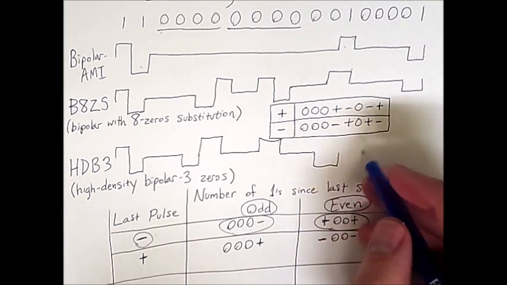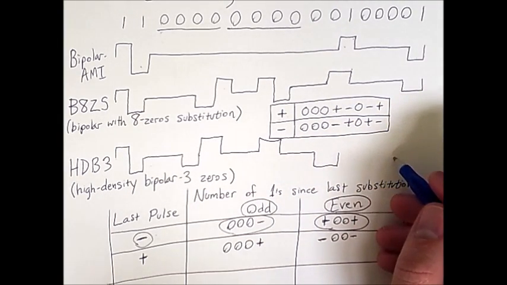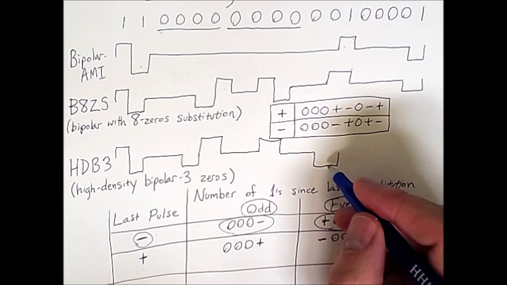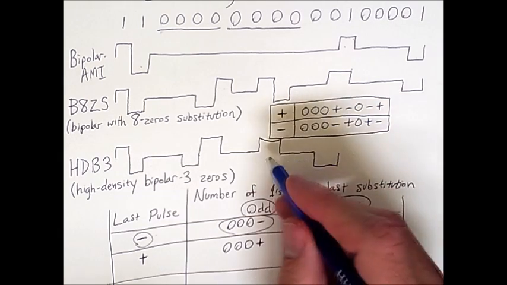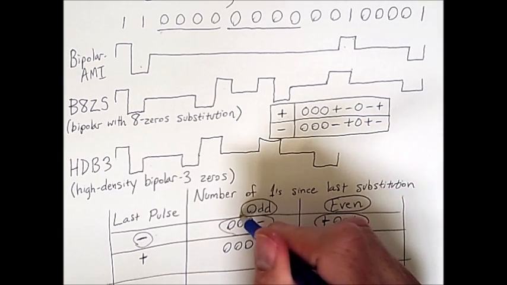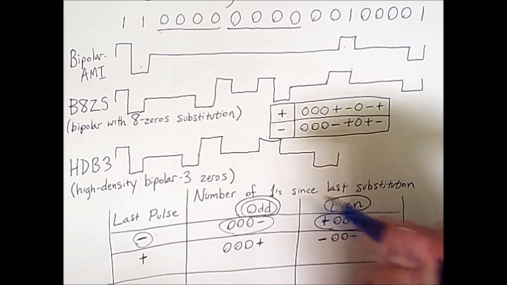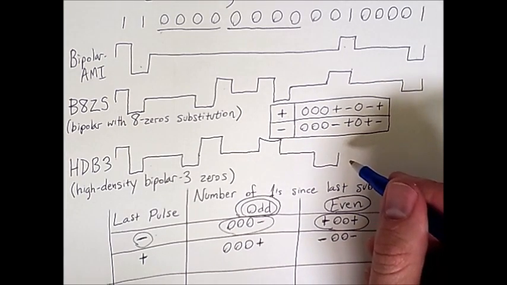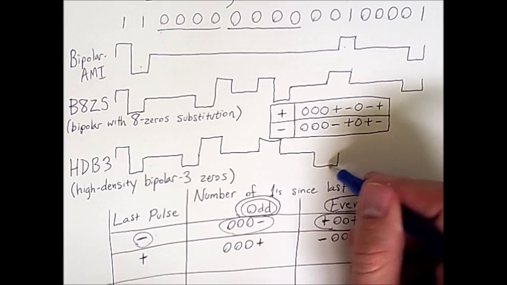After this 1, we have 4 more zeros. So at this point, we have had a single 1 since the last substitution. Therefore, the number of ones that have occurred is odd, and the sign of the last pulse was negative.